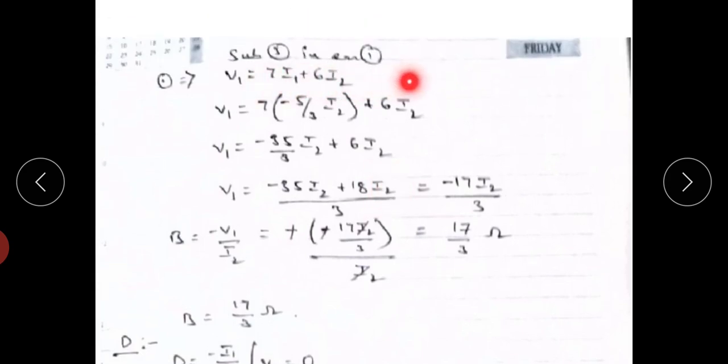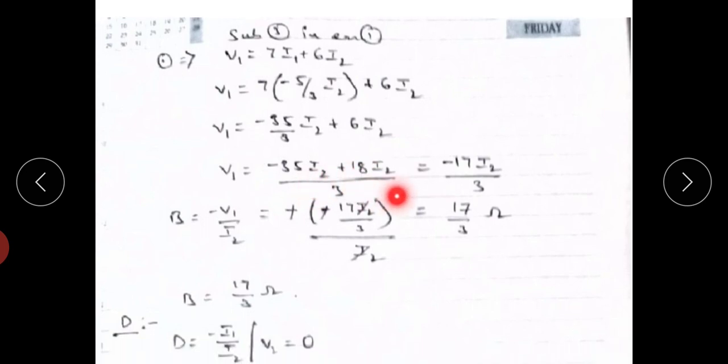So equation 1, V1 equals 7 into I1 plus 6 into I2. So V1 equals 7 into minus 5 by 3 into I2 plus 6 into I2. V1 equals minus 35 by 3 into I2 plus 6 into I2. V1 equals (minus 35 into I2 plus 18 I2) by 3. It equals minus 17 by 3 into I2.